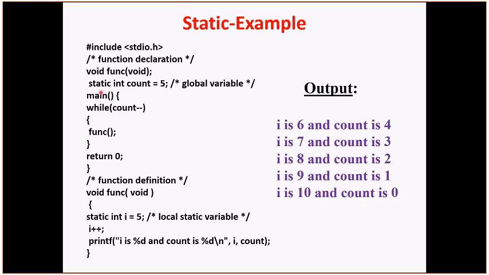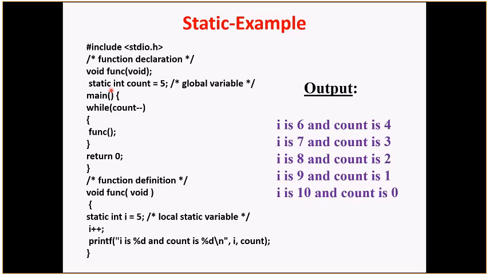The static storage class instructs the compiler to keep a local variable in existence during the lifetime of a program instead of creating and destroying it each time it comes into and goes out of scope. Therefore, making local variables static allows them to maintain their values between function calls. The static modifier may also be applied to global variables.